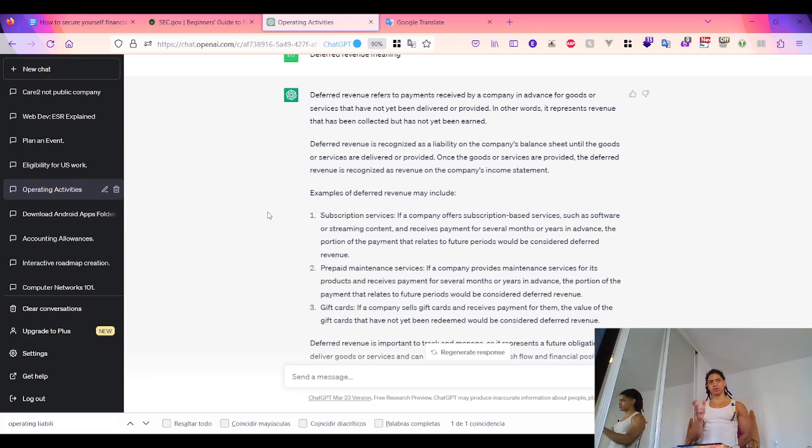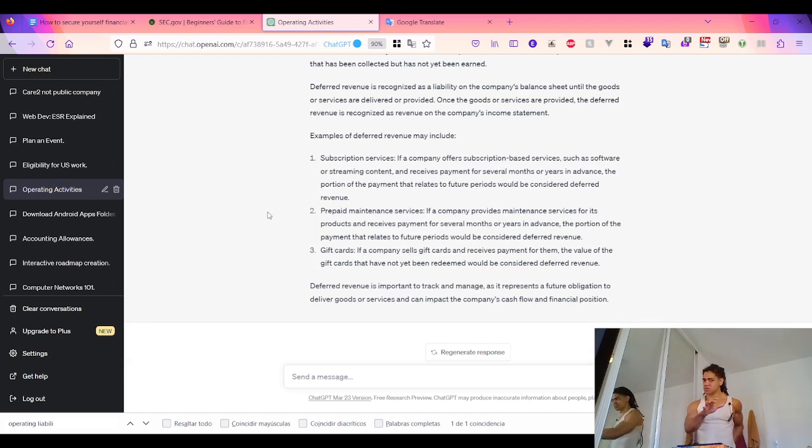So for example, subscription service, prepaid maintenance service, and gift cards. Most of the time, the rent, of course, for a company is something different, but for natural persons, most of the time you have to pay that in advance to enjoy it.